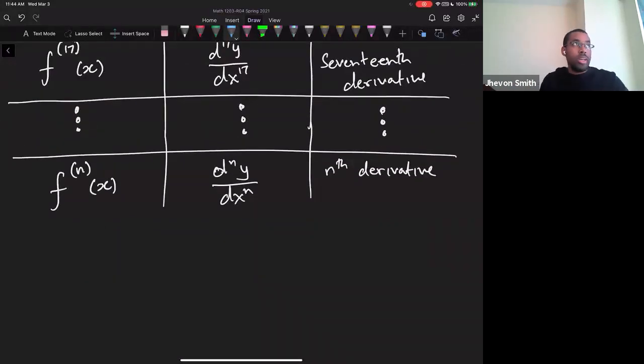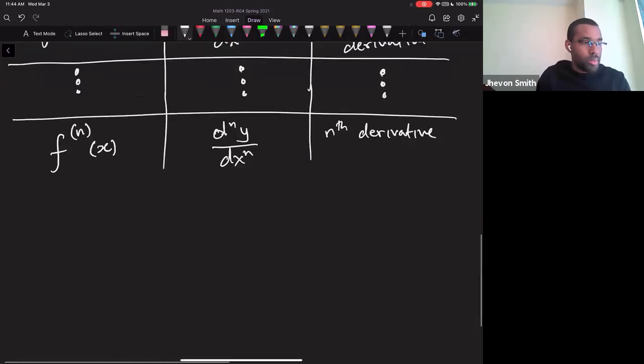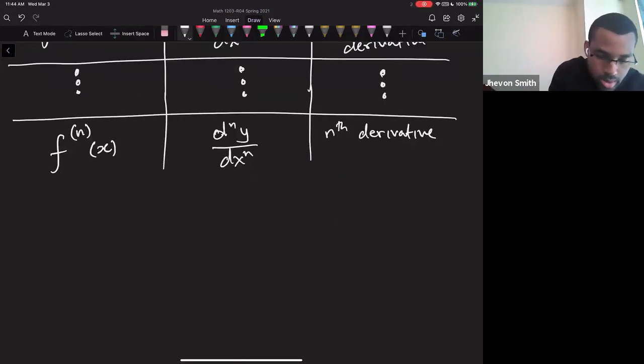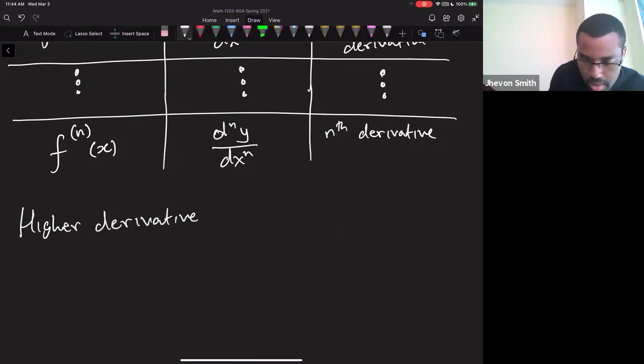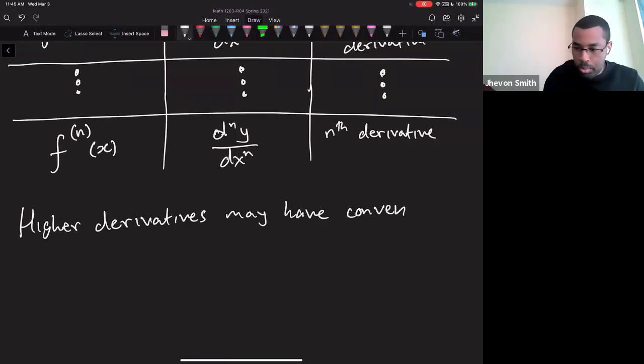Now, it turns out that these higher derivatives may have convenient interpretations.